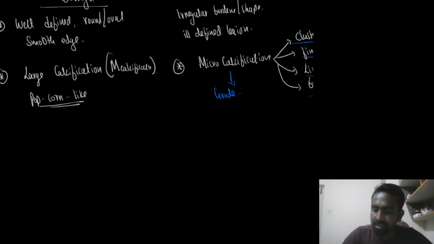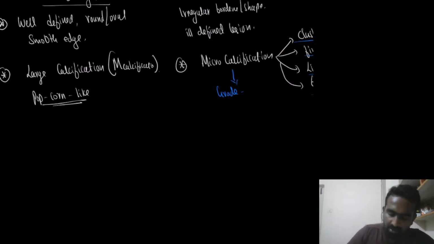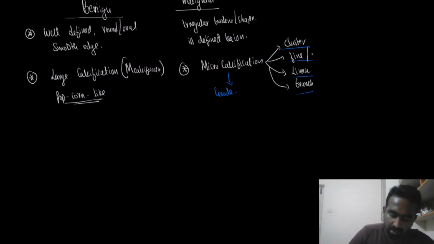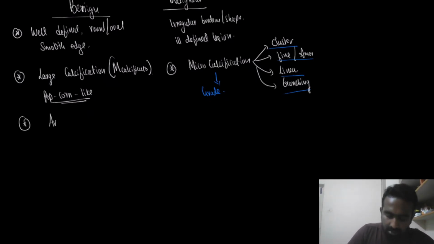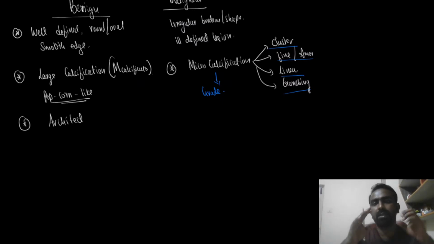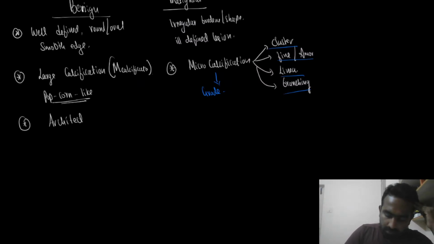If the architecture of the breast is preserved, that is the breast parenchyma and the ligaments of Cooper, everything which holds the breast in place and the architectural design of the breast, then it is benign.